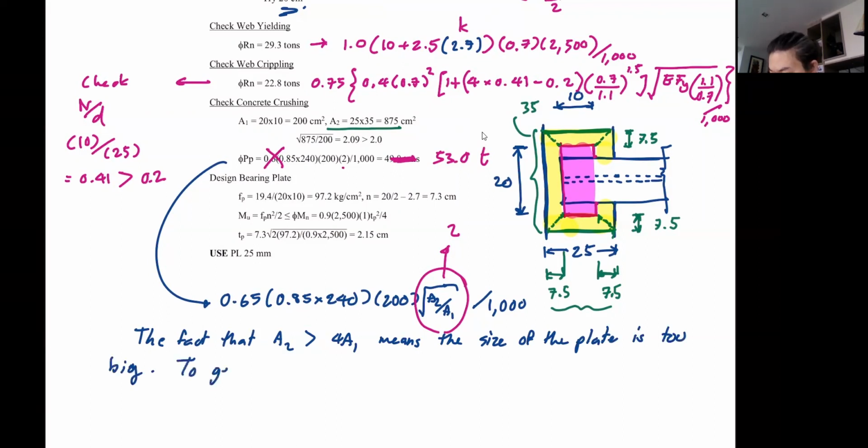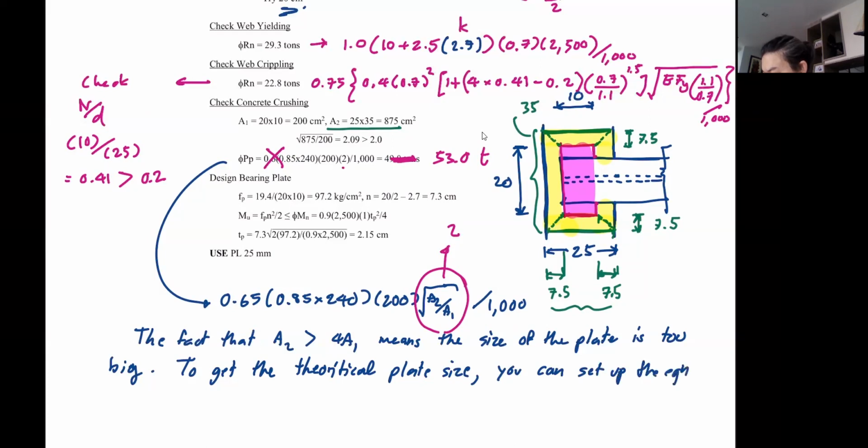To get the theoretical plate size, you can set up the equation to your load is 19.4 tons, right?